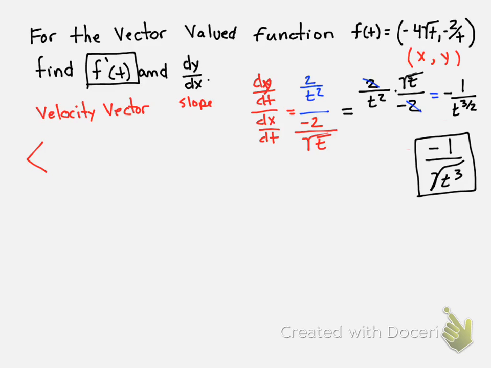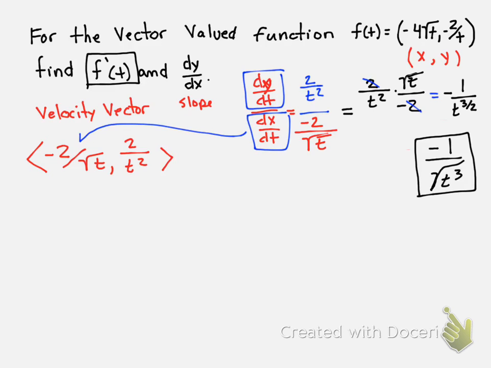Our x component is this negative 2 over the square root of t, and our y component was 2 over t squared. Each derivative we did to find dy dt and dx dt are reported in our vector-valued derivative f prime t.